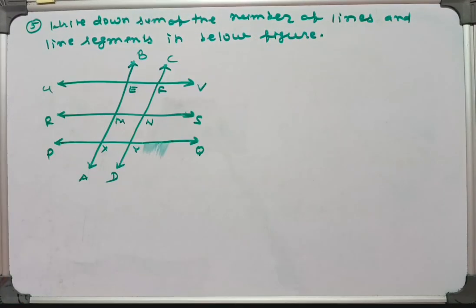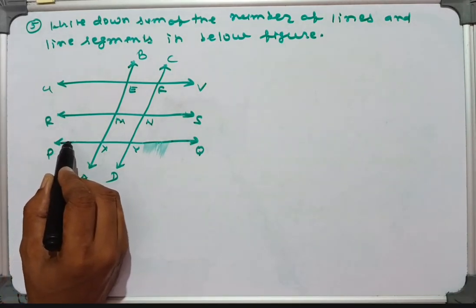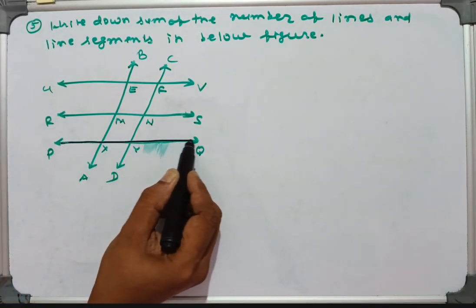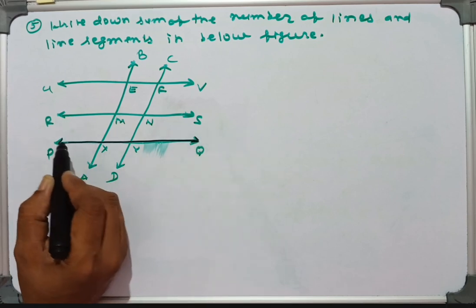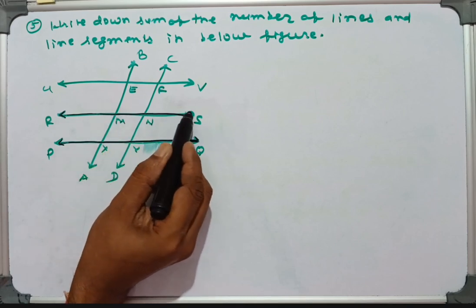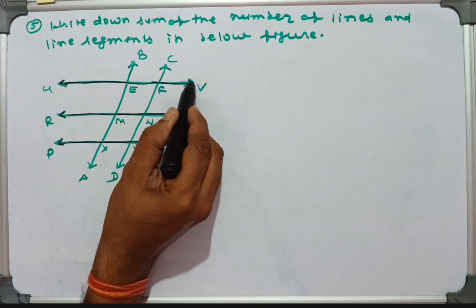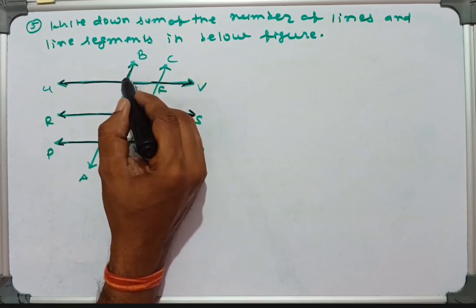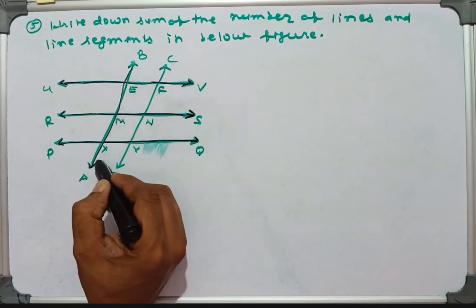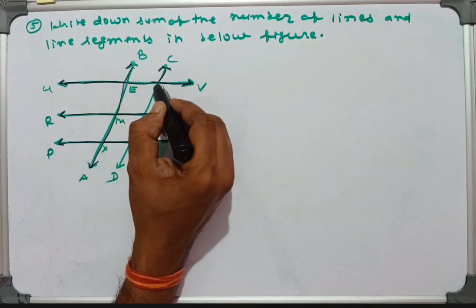See, here we calculate the number of lines first. This is an example of a line PQ, because both the ends are not fixed, and RS is also a line here, UB is also a line here, and the next line is AB and the next one is CD.